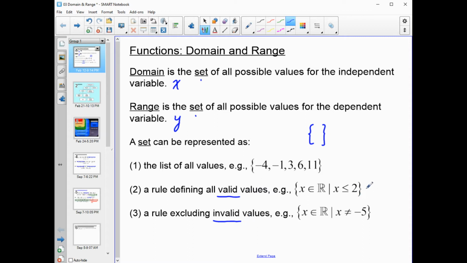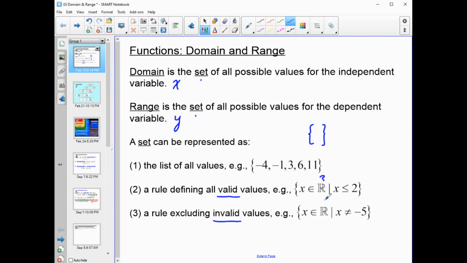So here is an example of saying where you are allowed to be. I'm allowed to use x values that are less than or equal to 2. Now you might be wondering about this fancy looking R here. That means real numbers, and I'm going to give a brief rundown of the different number sets just so you have some context. This is probably something that you covered quite a long time ago, when you were introduced to different number systems.